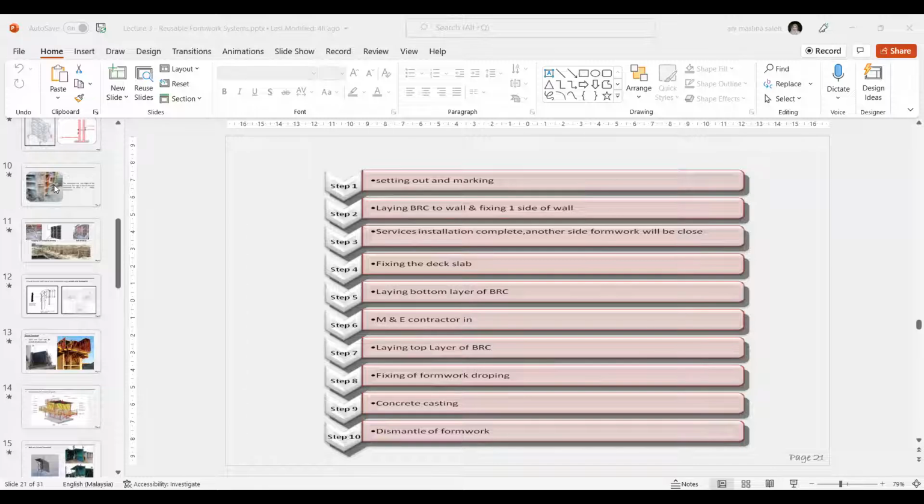panel by panel, left and right, front and back. But then kalau for tunnel formwork, it can combine for wall and slab, so it can do the concreting simultaneously, like the video just now you watch, kan, dia buat wall tingkat bawah dan dia terus buat floor slab untuk tingkat yang atas.